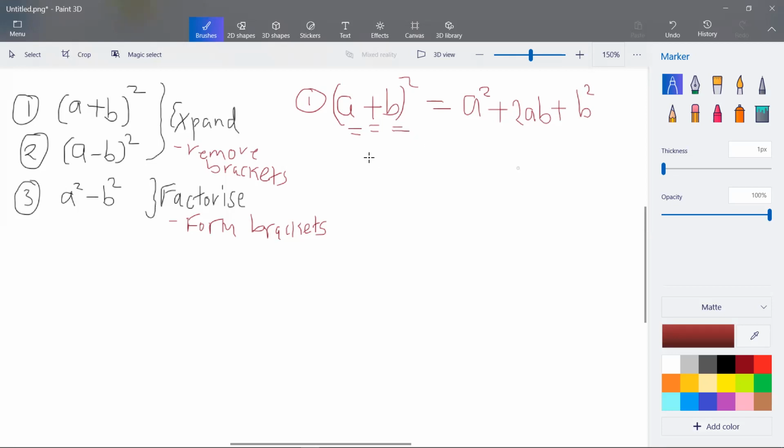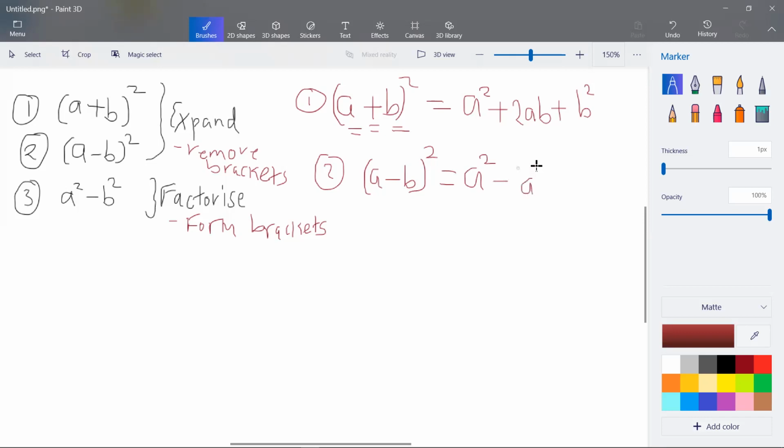Okay, let's see that for the second expression. The second expression is kind of the same, but this time round, they're subtracted. So A minus B inside bracket, everything squared. If you remember the statements correctly, you square the first term, you follow with the sign in brackets, then you double the result of multiplication for the two terms.